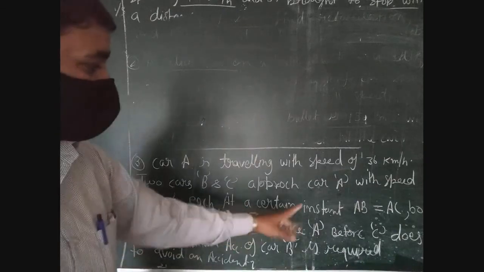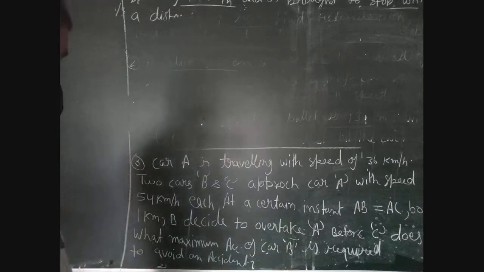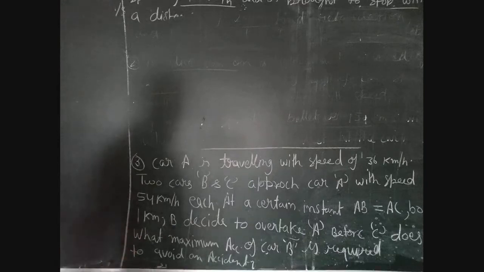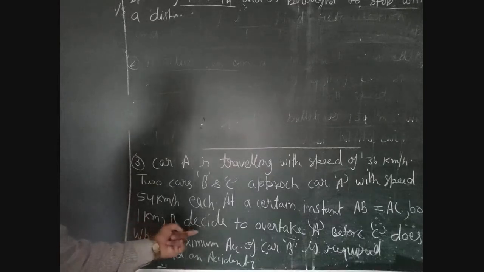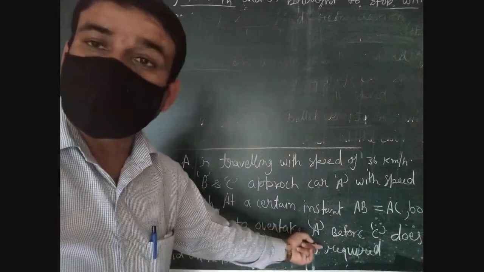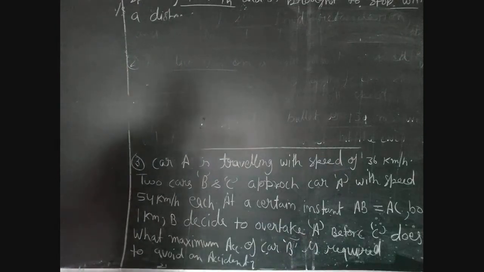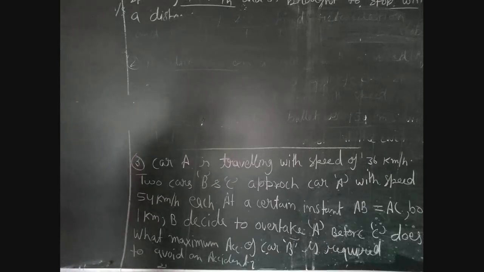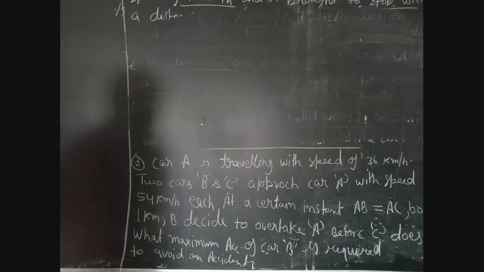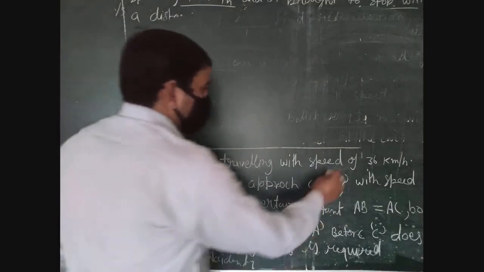At a certain instant, AB is equal to AC, both 1 km. B decides to overtake car A before C does. What maximum acceleration of car B is required to avoid an accident? Okay, so good question.